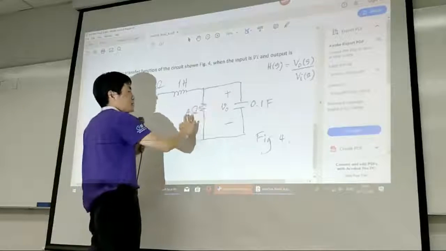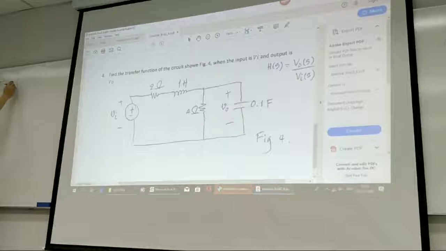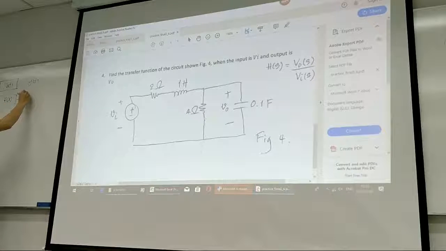If we have 1 input and 1 output and transform into the S domain, or Laplace domain, the transfer function is actually the transform of the impulse response, but you don't have to find the impulse response.